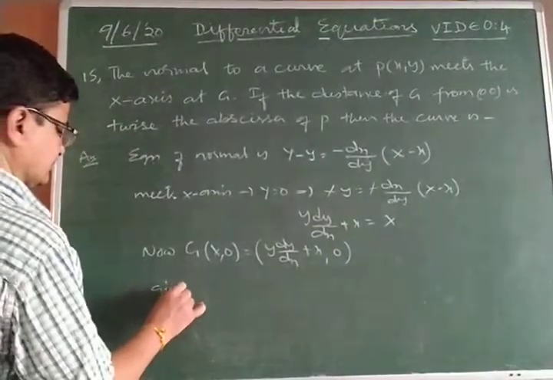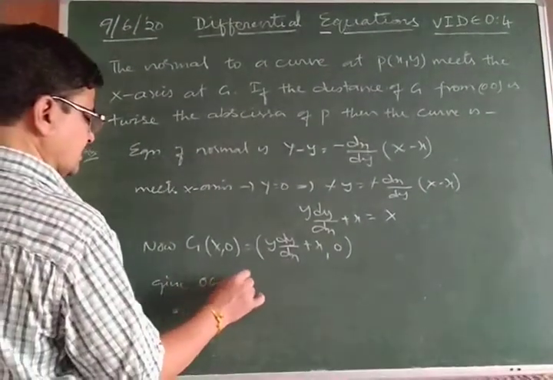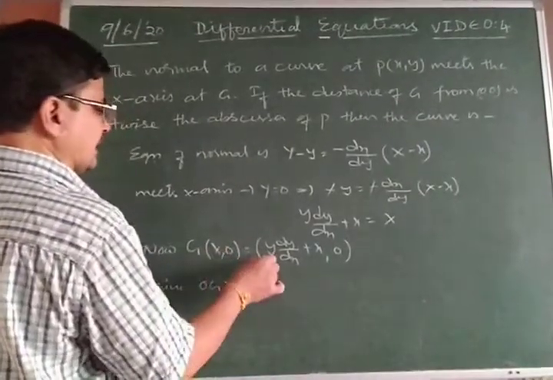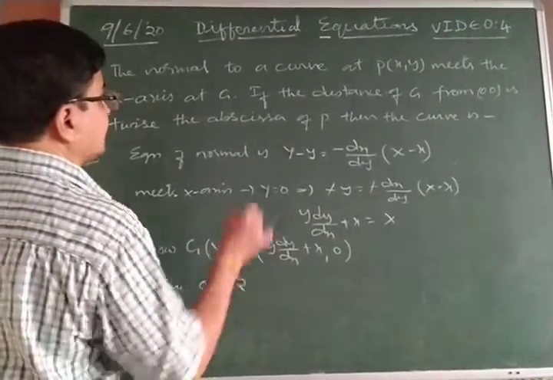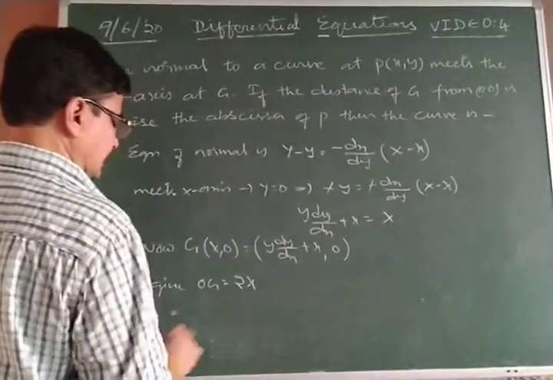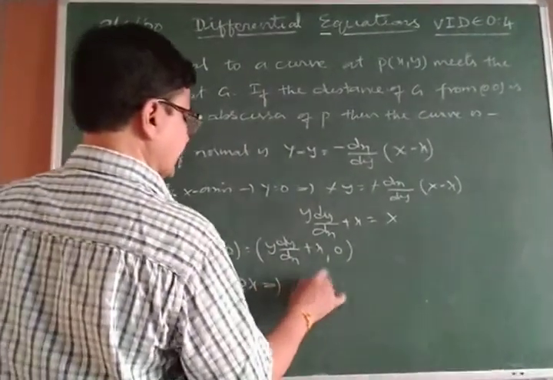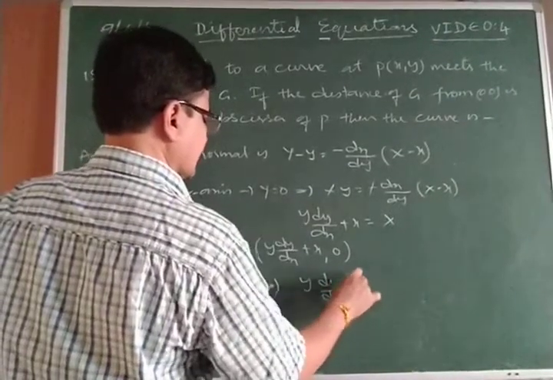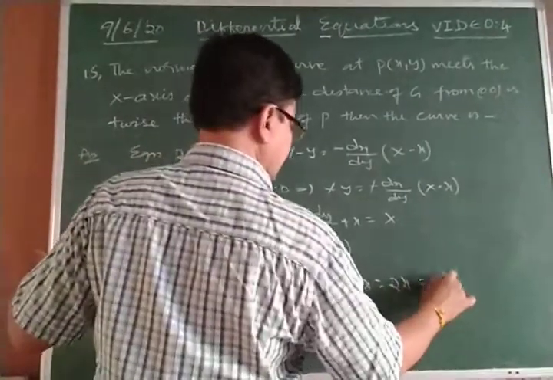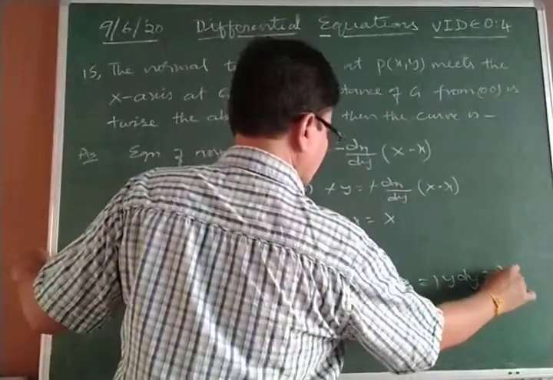Given OG, the distance from the origin to G, is equal to 2 times the abscissa of P, that is 2x. That implies y dy/dx + x = 2x. So that implies y dy = x dx.